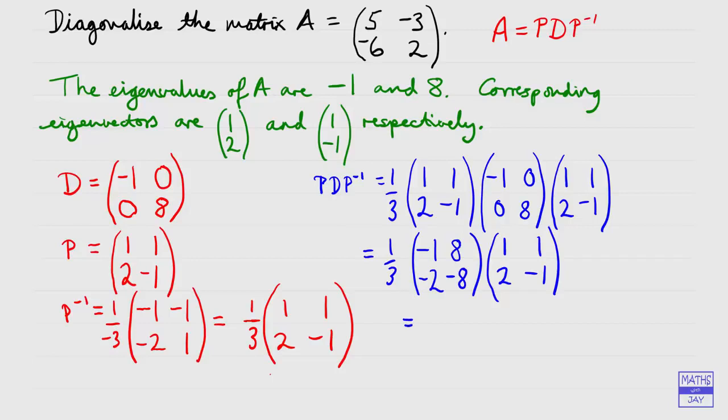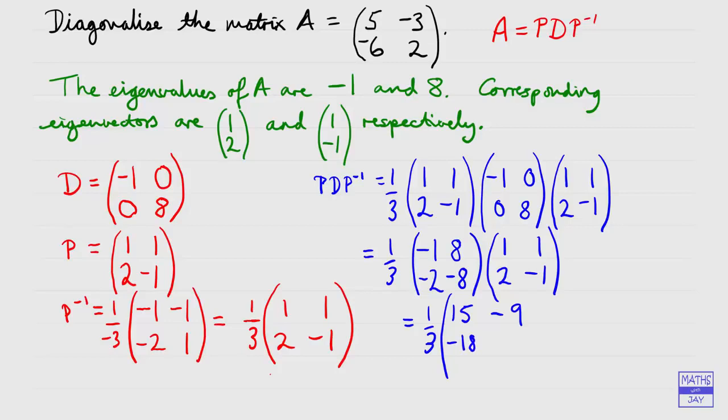And then, still leaving the third outside, multiplying negative 1 by 1 and 8 by 2 gives us 16, take away 1, so that's going to be 15. And then negative 1 times 1 and 8 times negative 1, that will be negative 9. And negative 2 times 1 and negative 8 times 2, so that's going to be minus 2 minus 16, so negative 18.